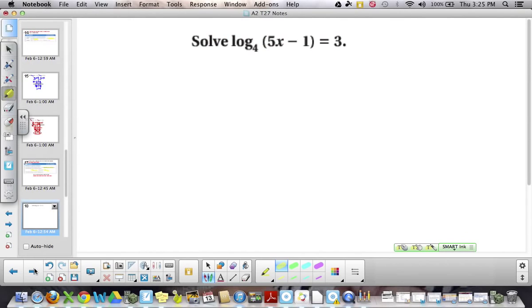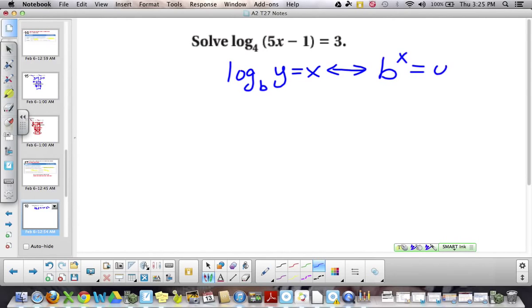As an example, we've got log base 4 of 5x minus 1 equals 3. By our definition, log base b of y equal to x is the same thing as b to the x equals y. Now, our base is 4, so we write it as 4, and what our log is equal to is the exponent, so that's 3.